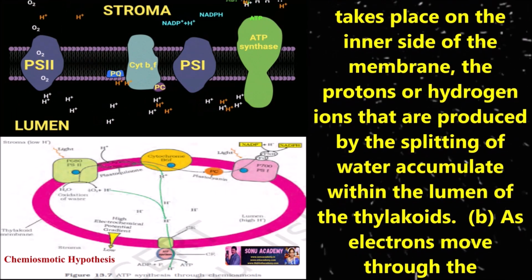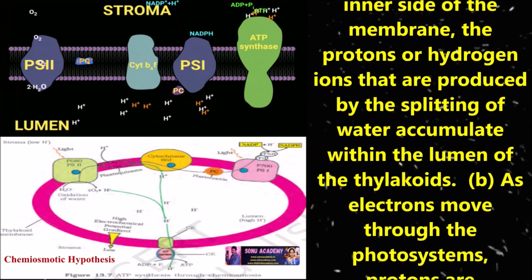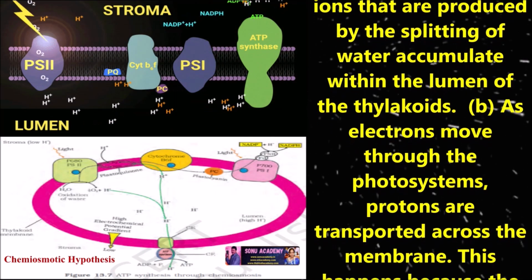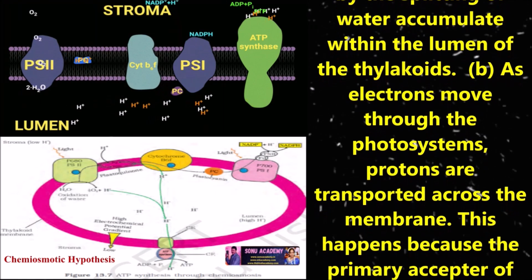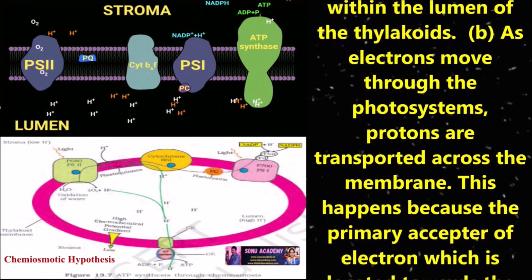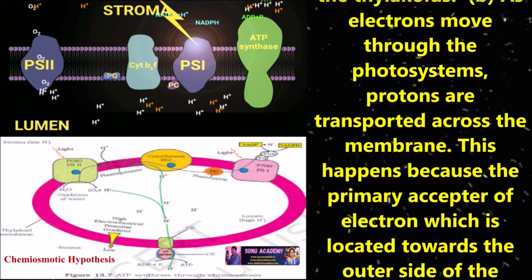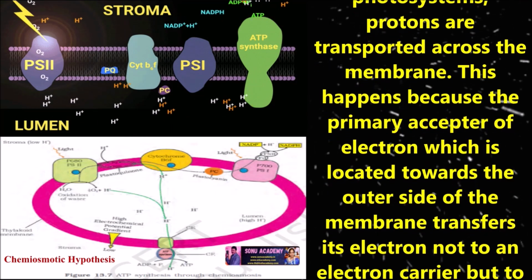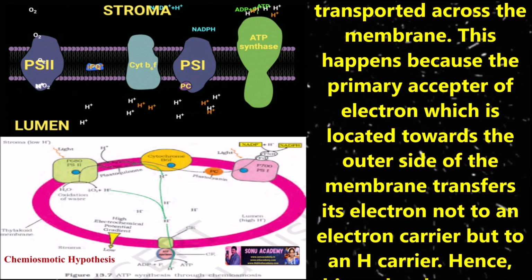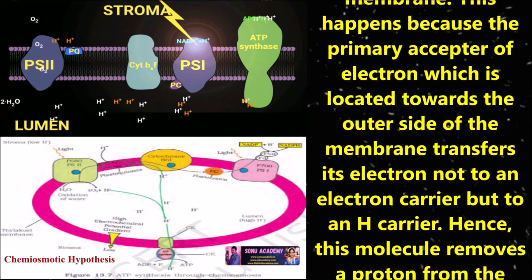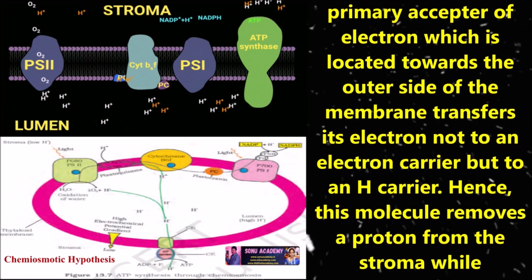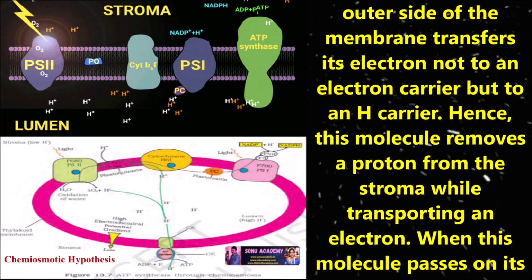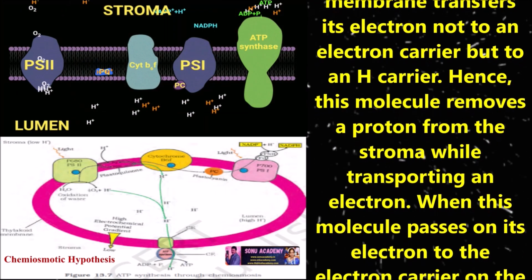This happens because the primary acceptor of electrons, which is located towards the outer side of the membrane, transfers its electron not to an electron carrier but to an H carrier. Hence, this molecule removes a proton from the stroma while transporting an electron. When this molecule passes on its electron to the electron carrier on the inner side of the membrane, the proton is released into the inner side or the lumen side of the membrane.